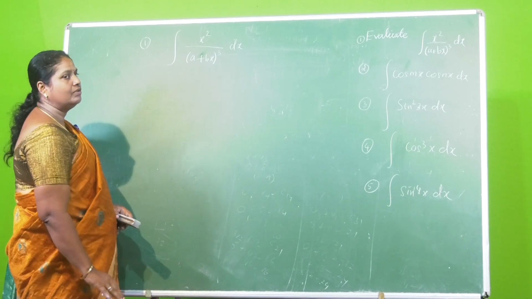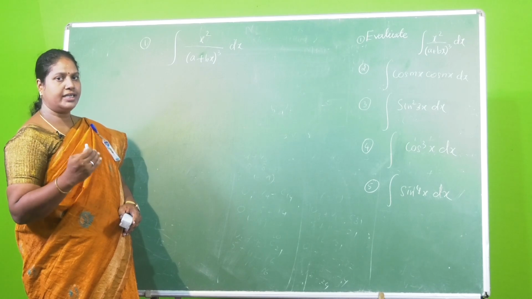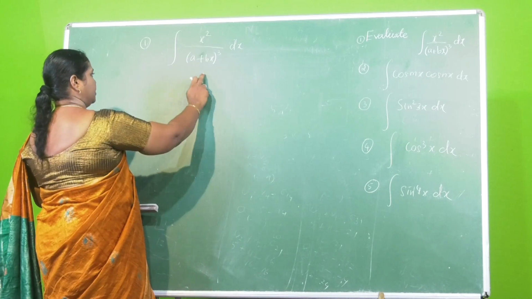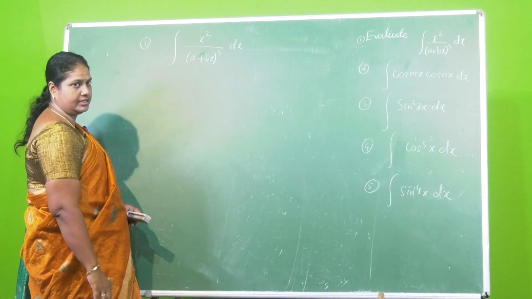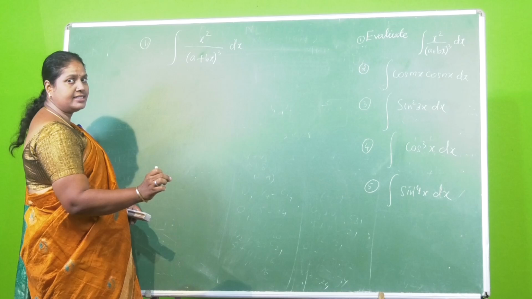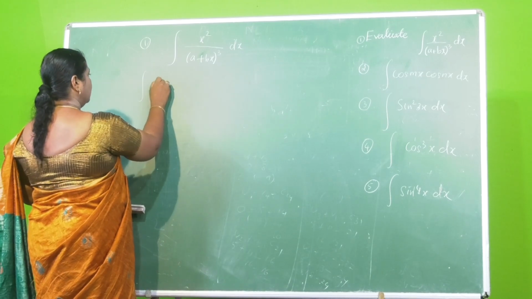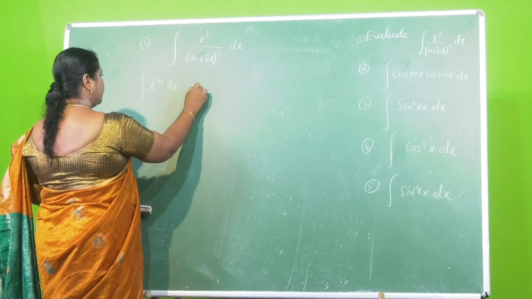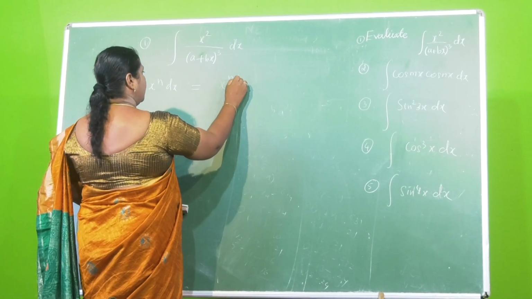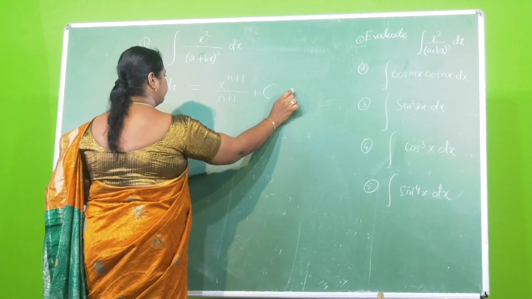Now we have to first think about the basic integration formulas. Here we have algebraic expressions involving variable x. For this type of functions, the basic integral formula is the integral of x power n dx is x power n plus 1 divided by n plus 1 plus c.